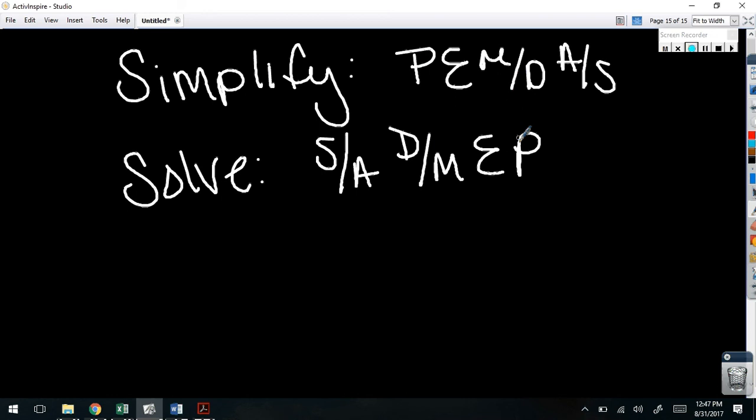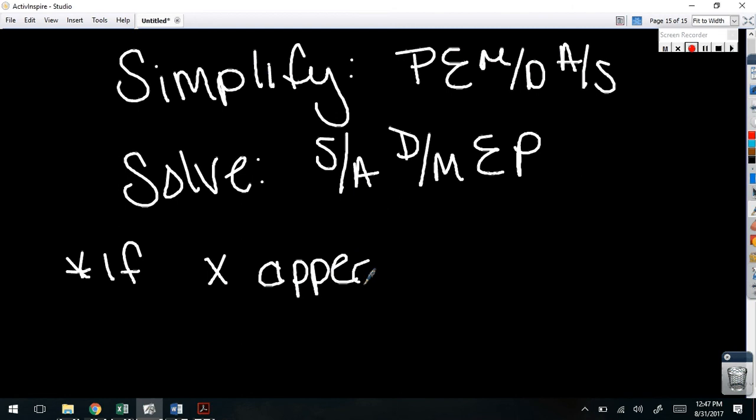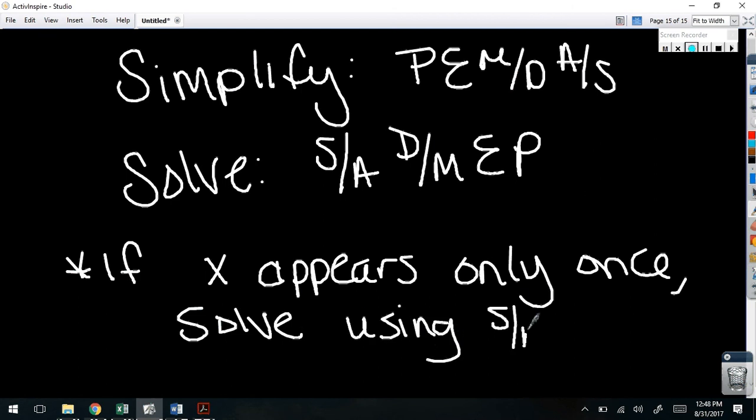I will also tell you, if you only see x written one time, let me say appears only once. Now, I'm not talking about exponents. I just mean if you literally only see x written one time in the equation, you can solve using SADMEP. And I'll show you exactly what I'm talking about.